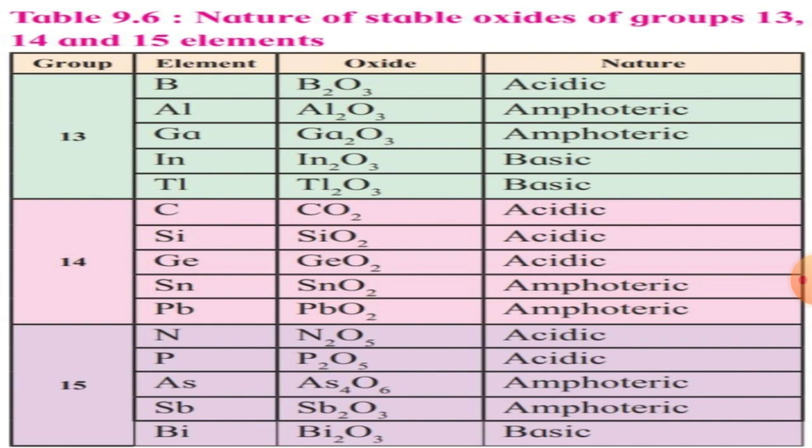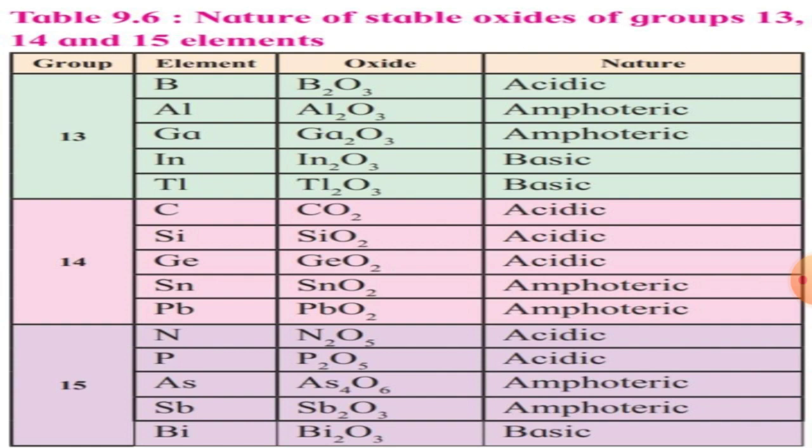Gallium further is amphoteric in nature. Indium in its oxide form is basic in nature, while thallium in its oxide is again basic in nature.